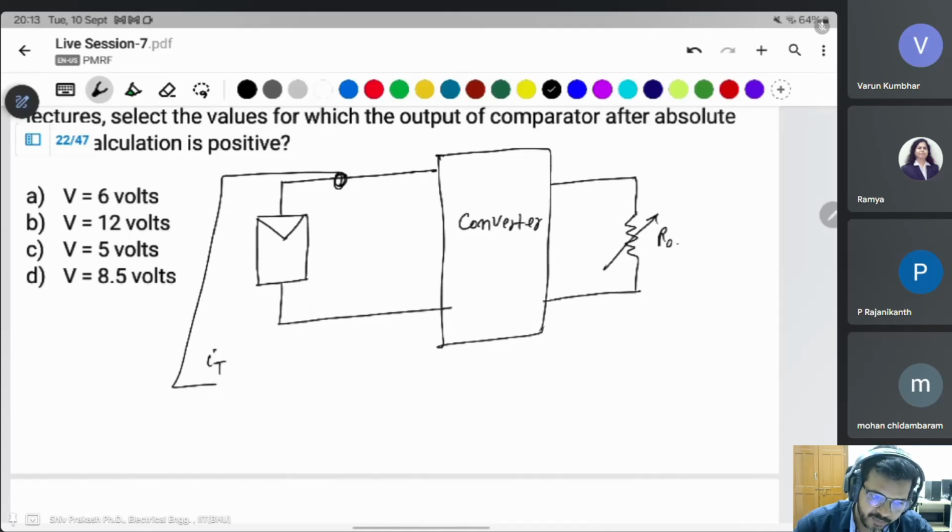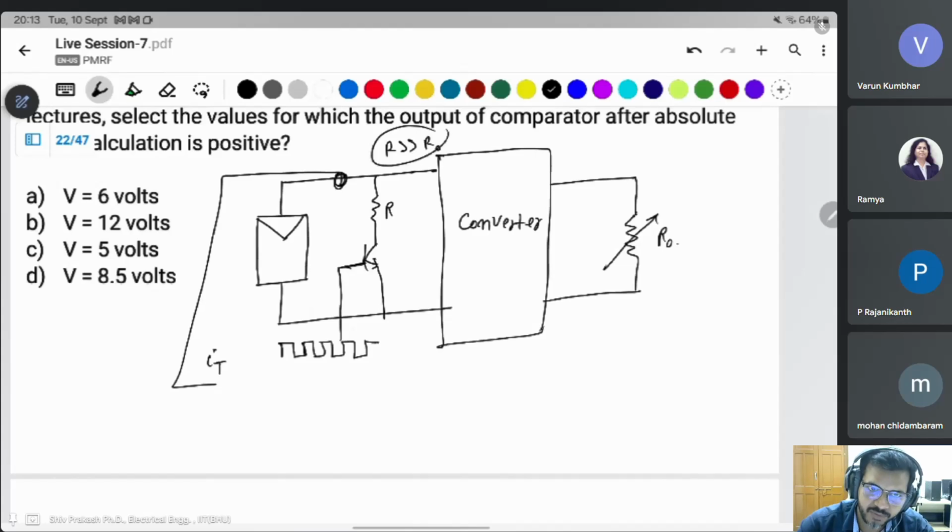For voltage sensing, you use a circuit where a switch is given, like in pulses, to take the open circuit voltage VT. This is a resistance R which is very large, which means this will be an open circuit. When the switch is on, then you can measure the voltage of this.